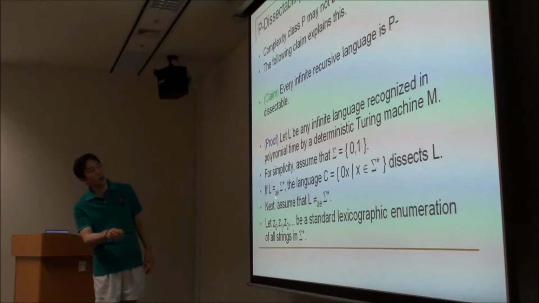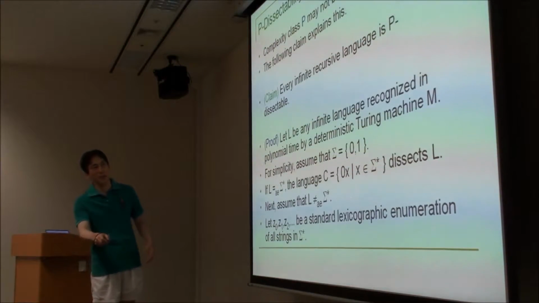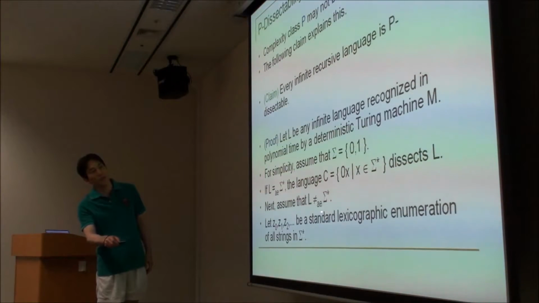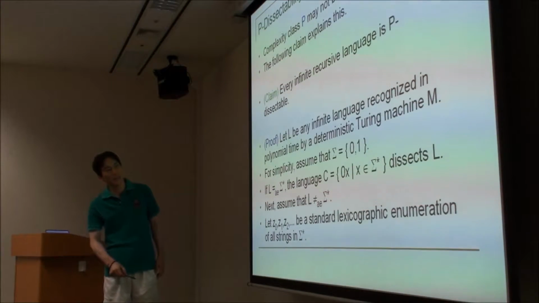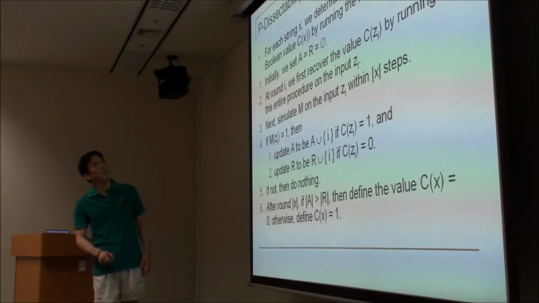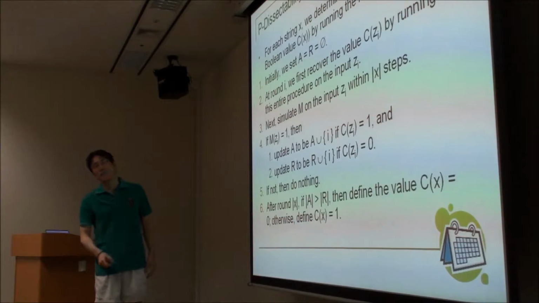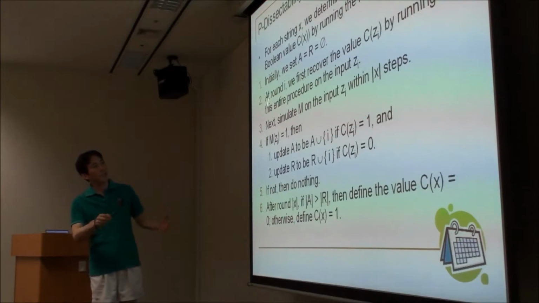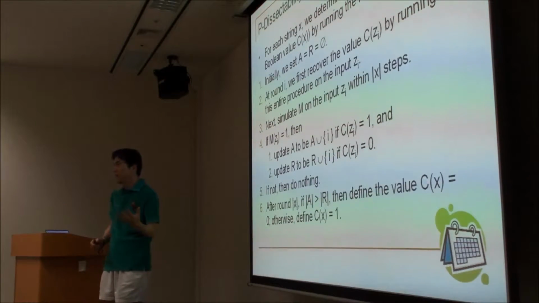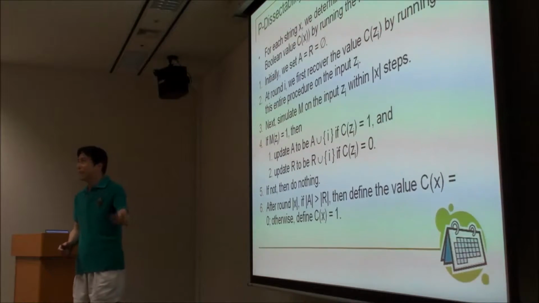If L is almost everywhere equal to sigma star, then we take this one here as before, and this dissects L. But if L is not almost everywhere equal to sigma star, then first enumerate all strings in sigma star, and then follow this procedure to determine the set C. The procedure takes only polynomial time, and as a result, C is in P.